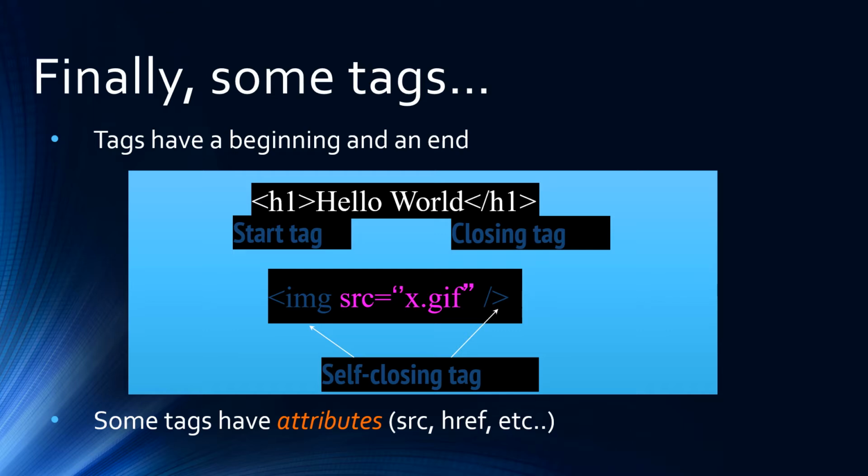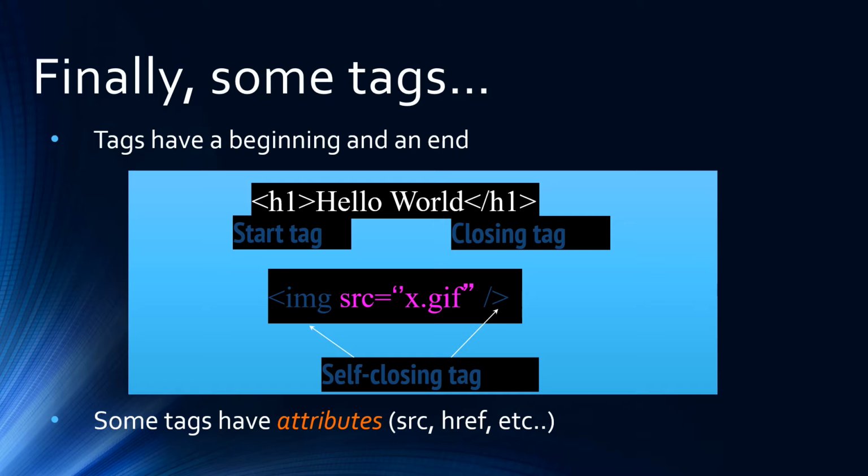So every tag has a beginning and end. Right here, we're using what's called an H1 tag, or a heading tag, to encase the words hello world. The first H1 is the start tag. It just shows the simple tag that we want inside brackets.